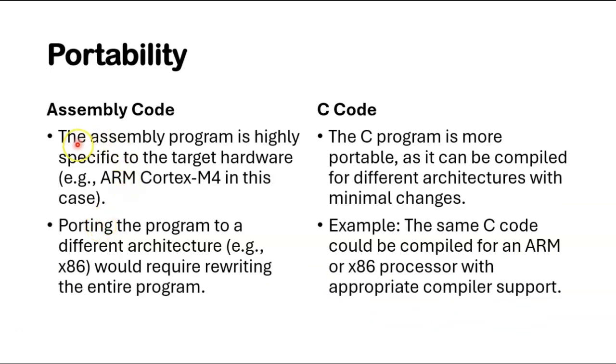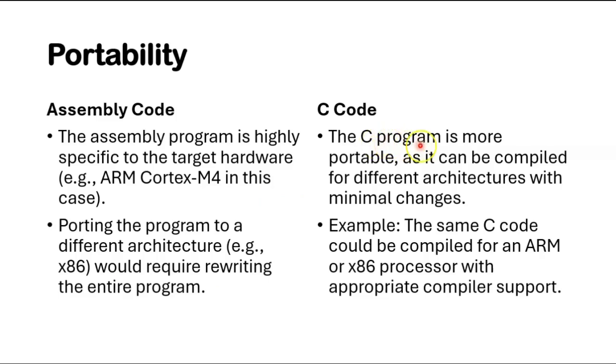Portability. The assembly program is highly specific to the target hardware, for example, the ARM Cortex-M4 processor used in this video. Porting the program to a different architecture, for example, x86, would require rewriting the entire program.